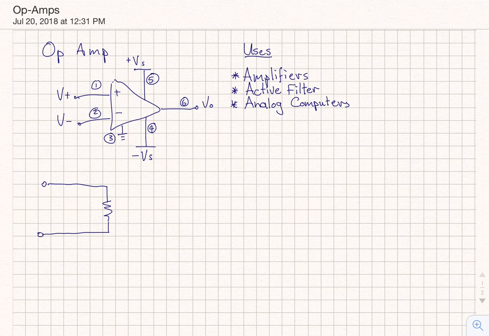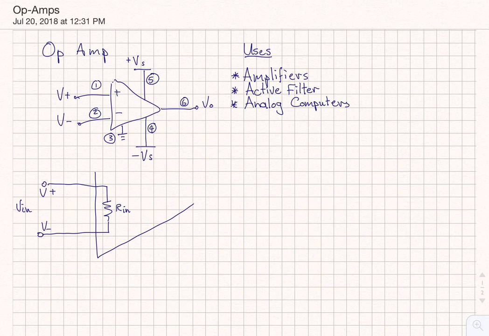So you have two input terminals, right? And we'll say this is V plus and V minus. That's pretty similar to the differential amplifiers we've been studying. And then we can say this resistance right here is Rn.